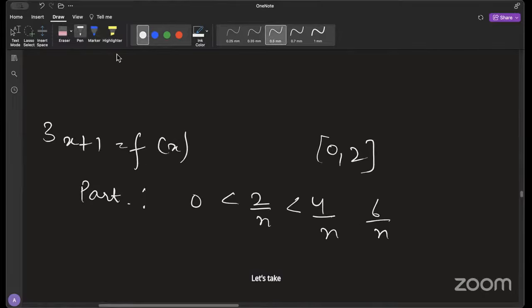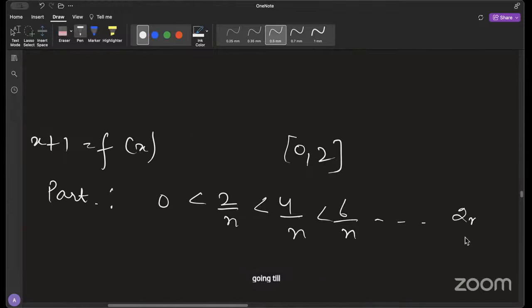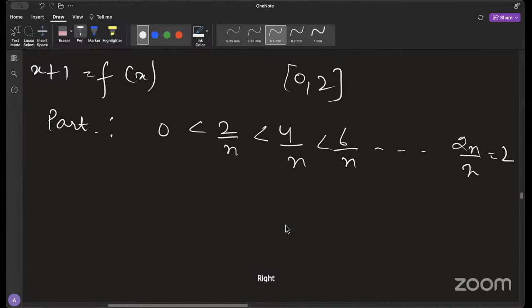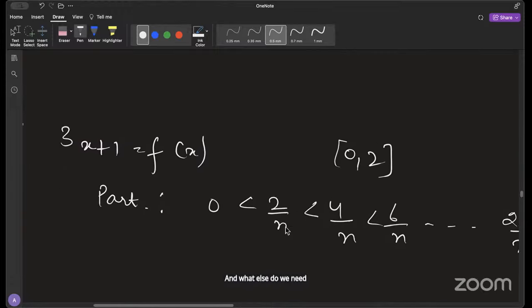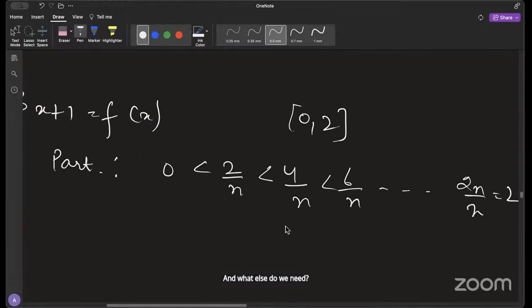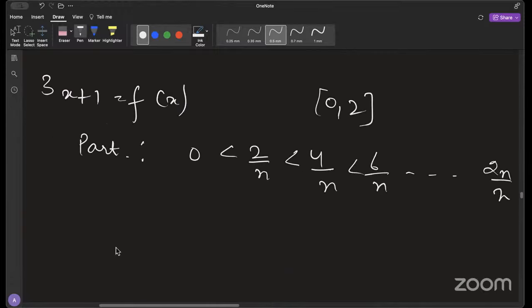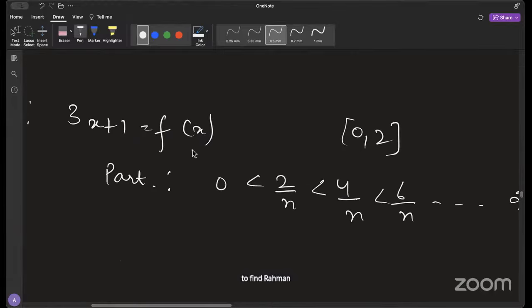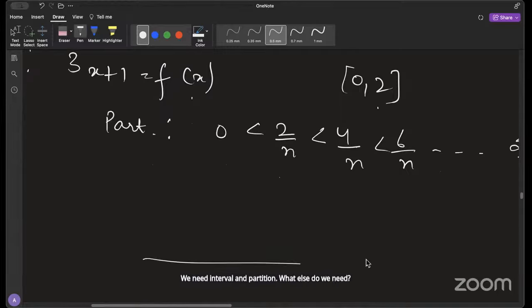Let's take this to be the partition, going till 2n by n, which is just 2. Right? And what else do we need? To find Riemann sum, we need a function. We need interval and partition. What else do we need?